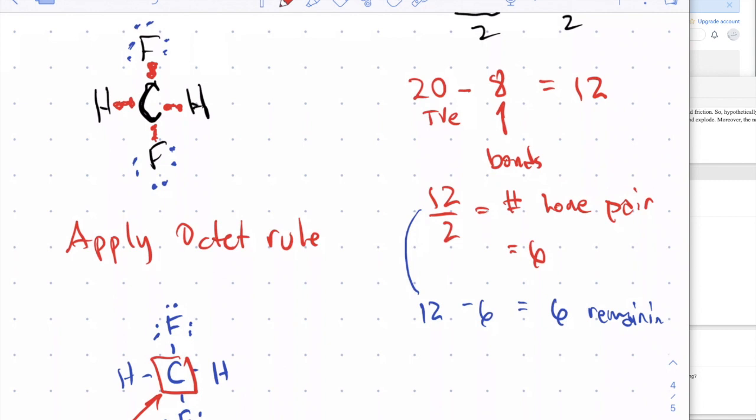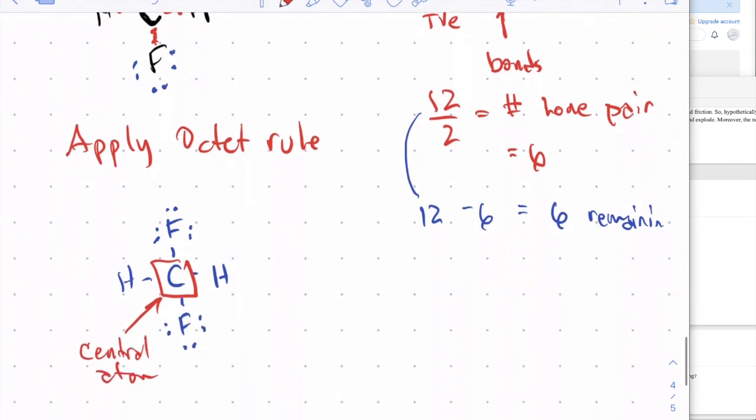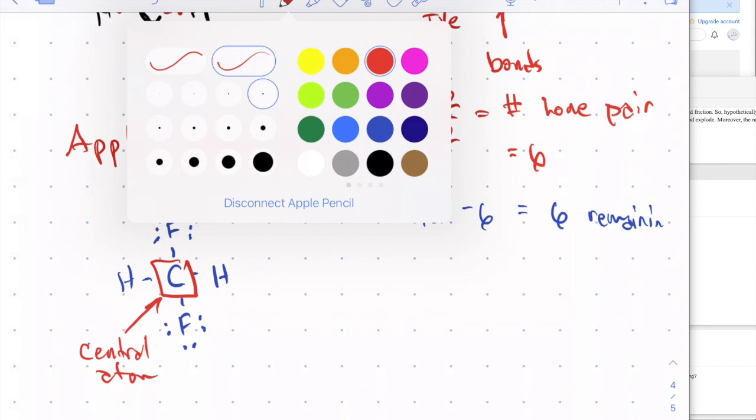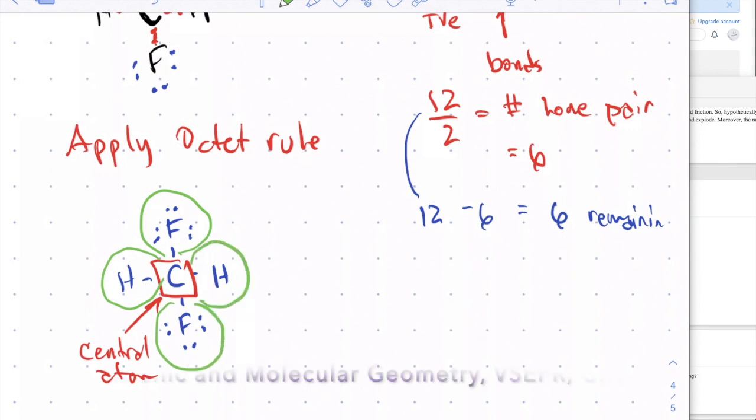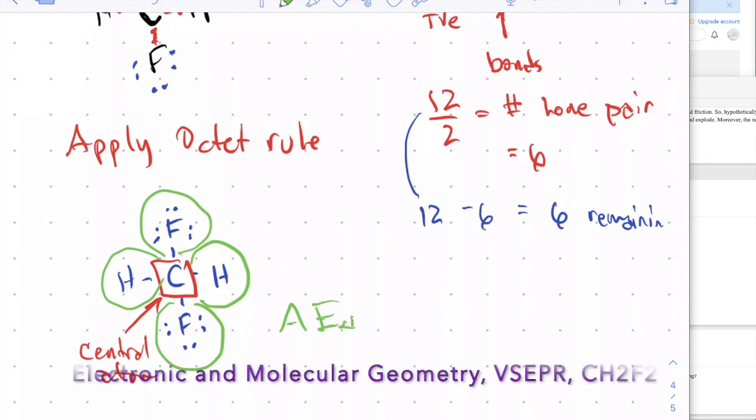And if you look at the number of regions around carbon, that is the regions of electron density, what we have is the following. We have 1 region, 2 regions, 3 regions, 4 regions. So what we have is a center atom with 4 regions of electron density.